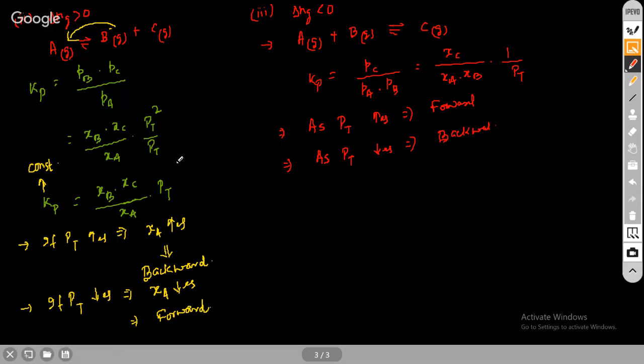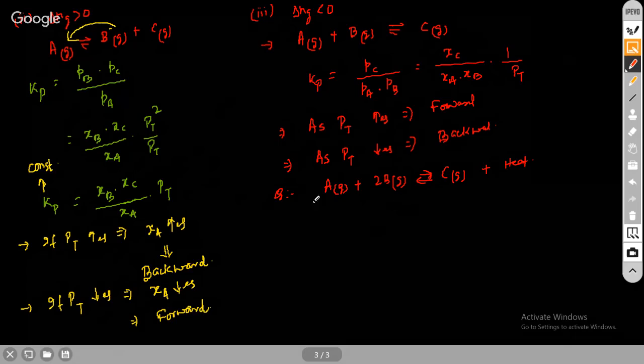Now, on the basis of temperature and pressure, one question has been asked in a previous exam that I'll write over here. Suppose we have A gas plus 2B gas gives C gas plus heat, right? This is the reaction given, an equilibrium reaction, obviously a reversible reaction.